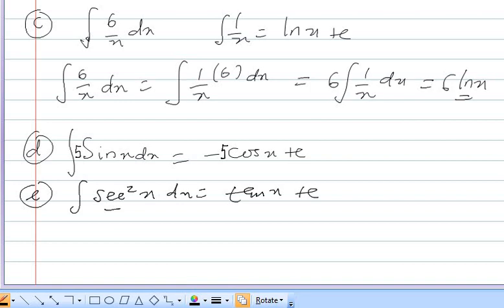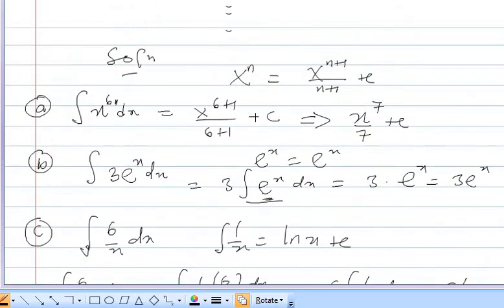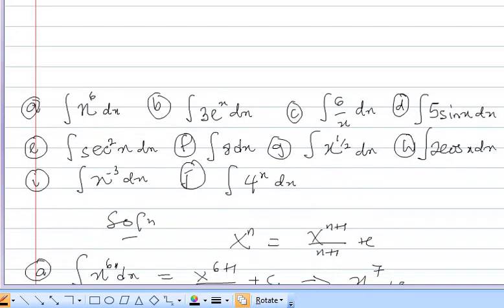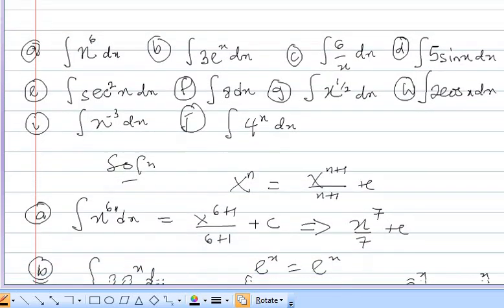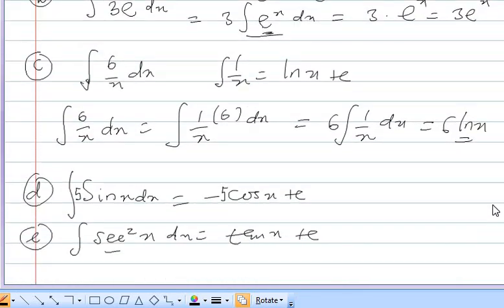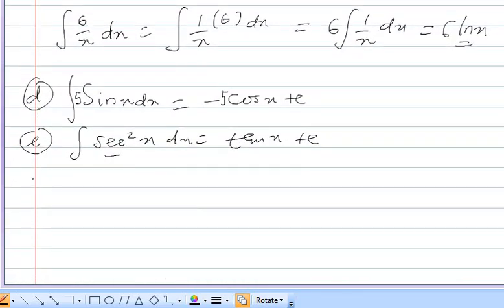Then let's take the other questions and see. The next question is the integral of h dx. So this is a constant term. The integral of this is just hx plus c.